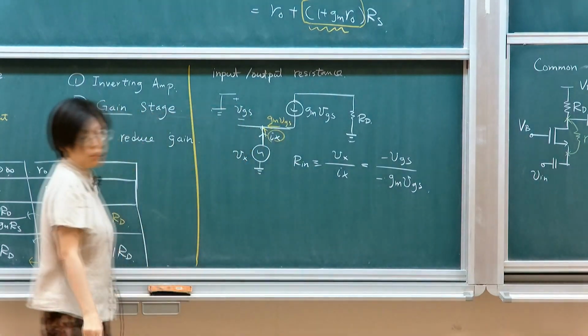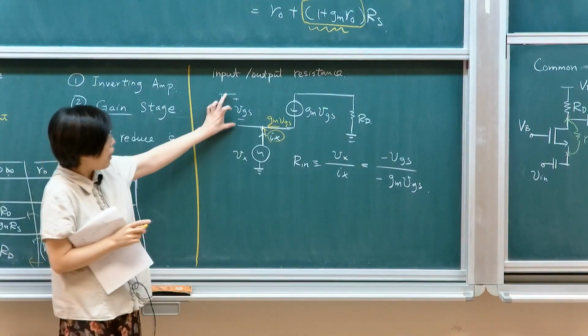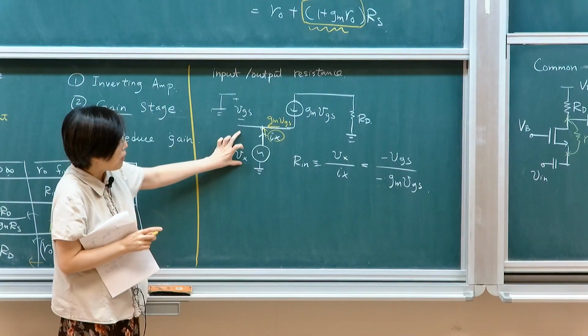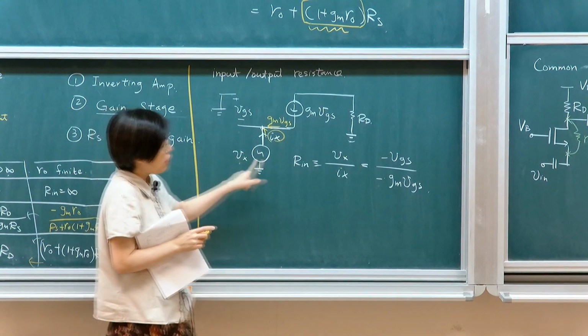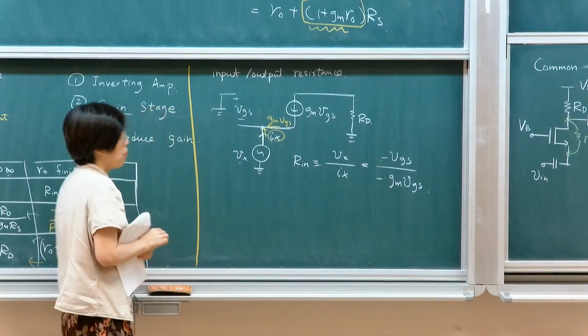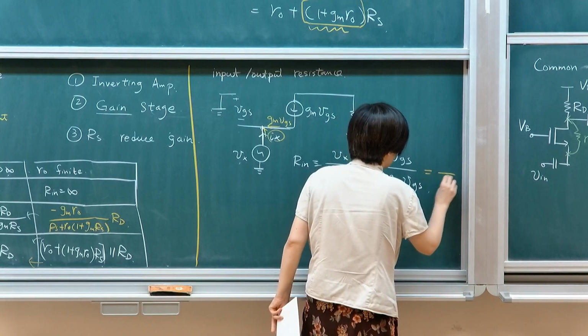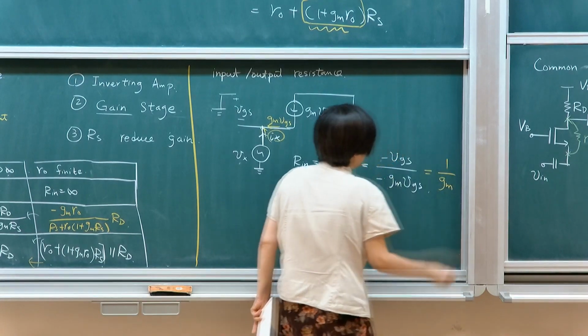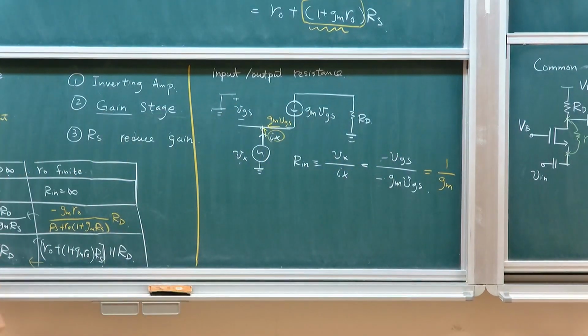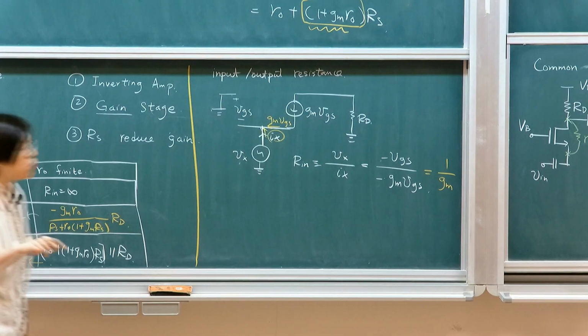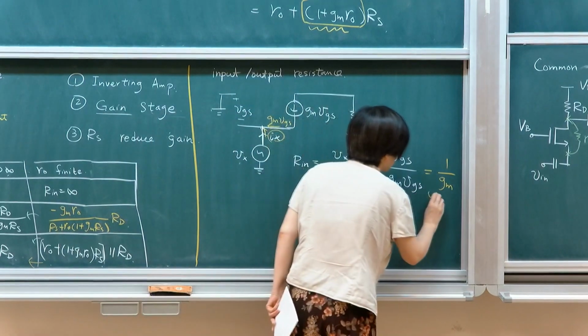Therefore, you get the minus sign. And in this loop, VGS plus Vx equals 0, therefore Vx is minus VGS. So we get a very familiar result, which is 1 over gm. Anytime you look in from the source, you get approximately 1 over gm as your impedance.